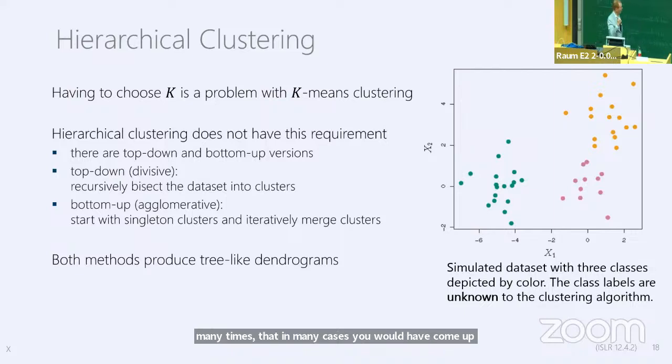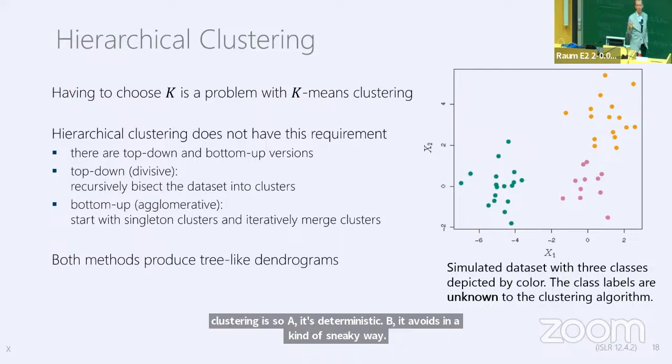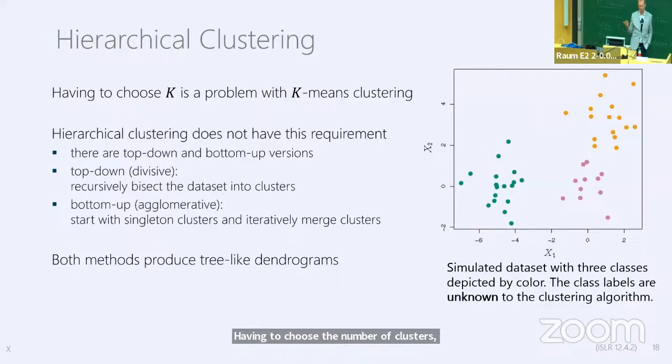Hierarchical clustering is, first, deterministic, and second, it avoids, in a kind of sneaky way, having to choose the number of clusters, K. It's sneaky because effectively it finds a whole set of clusterings: into 2 clusters, 3 clusters, 4 clusters, all the way up to n clusters. That's essentially how it rolls.